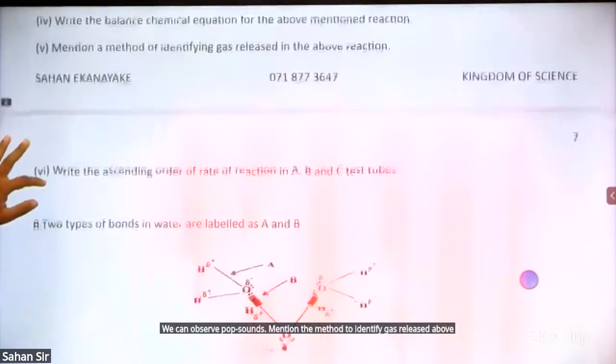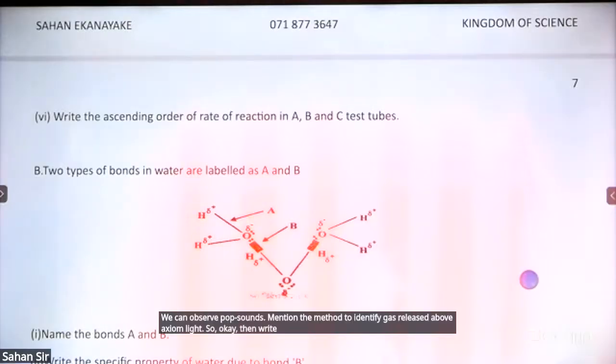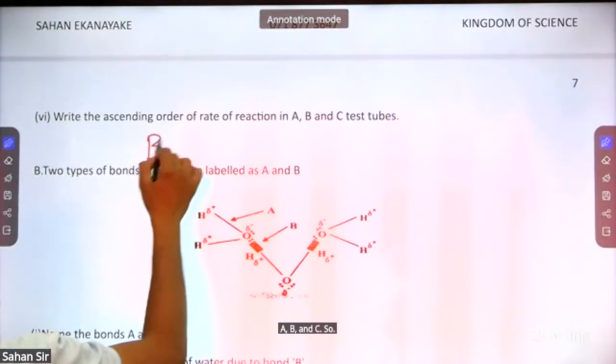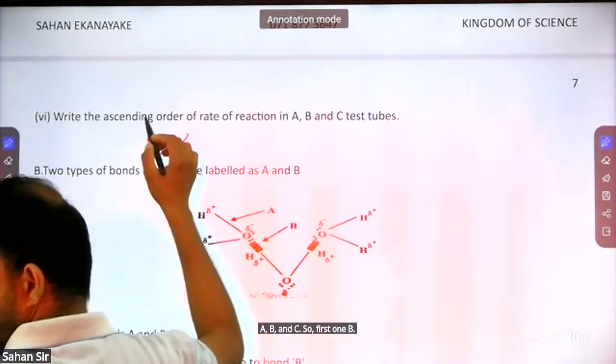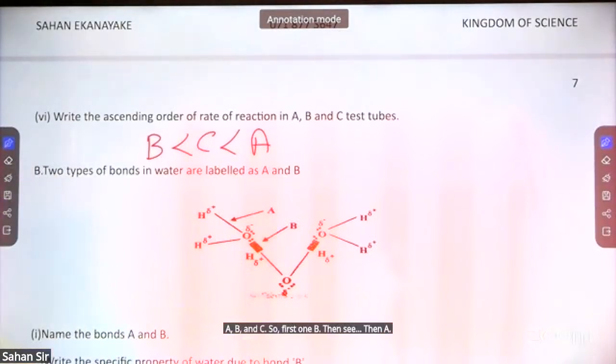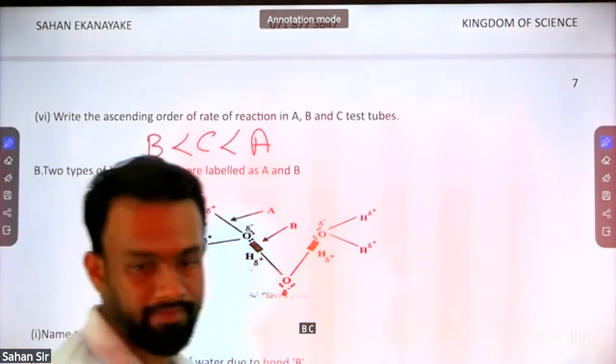Then write the ascending order of the rate of reaction of A, B, and C. First B, then C, then A. B, C, and A. Is it clear?